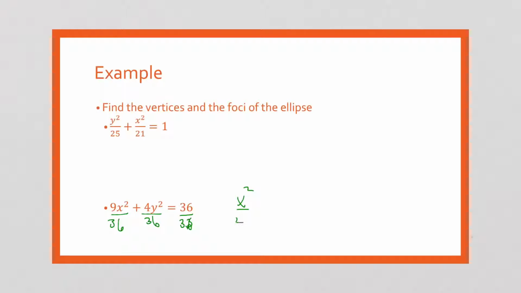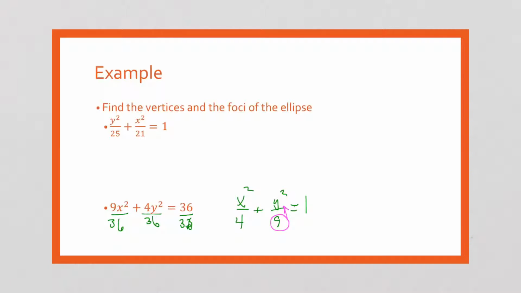So I have x squared over 4 plus y squared over 9 equals 1. Now, notice that my larger value in the denominator is with the y. So that means it's a y squared equation. So I have to look at the formulas on the right, just like I did on the last example.